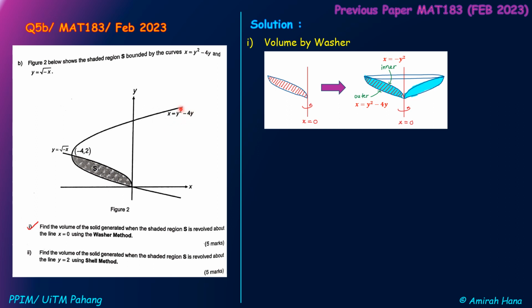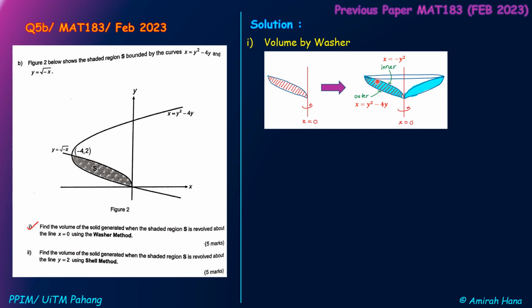If we look at this curve, for the original shaded region, it sits at the bottom. Okay, so this is the curve x equals y squared minus 4y. To avoid error, you had better write the name of the equation near the curve. Right? And then after rotation, this will become the inner part.